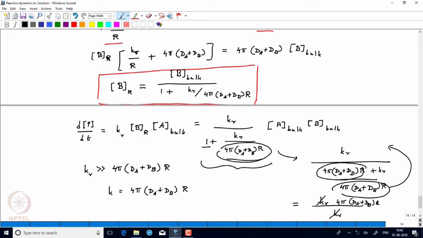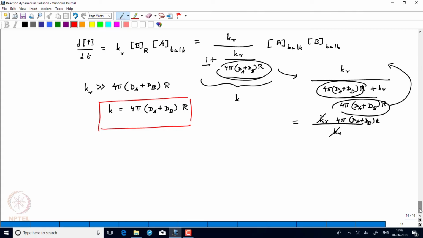So this is basically the overall rate constant, the expression for the diffusion limited rate constant, and that is what we wanted to calculate. The composite rate of this reaction, when the last step Kr is very fast, is that the product gets formed with a rate equal to 4 pi R, where R is the closest approach distance, times dA plus dB.